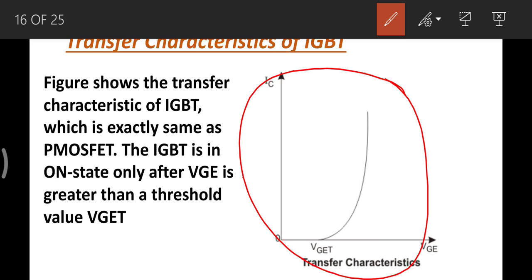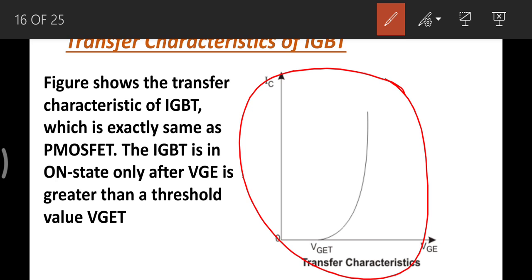That means what are the transfer characteristics we are getting for the power MOSFET; here also we are getting the same shape. That means with increasing gate terminal voltage, the current is going to increase.